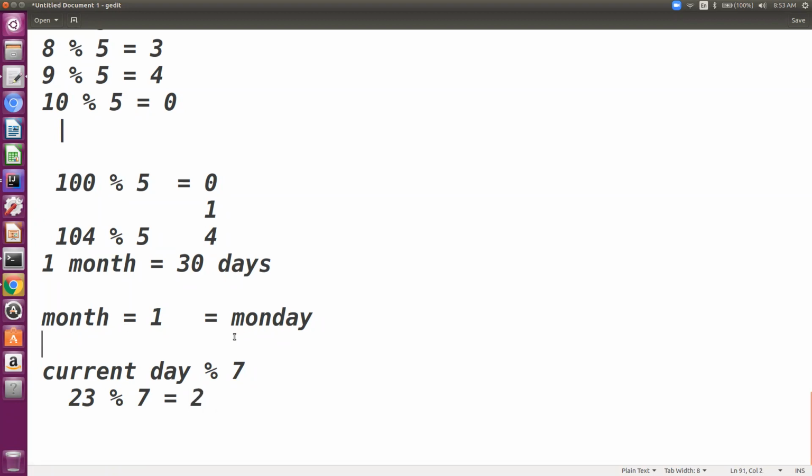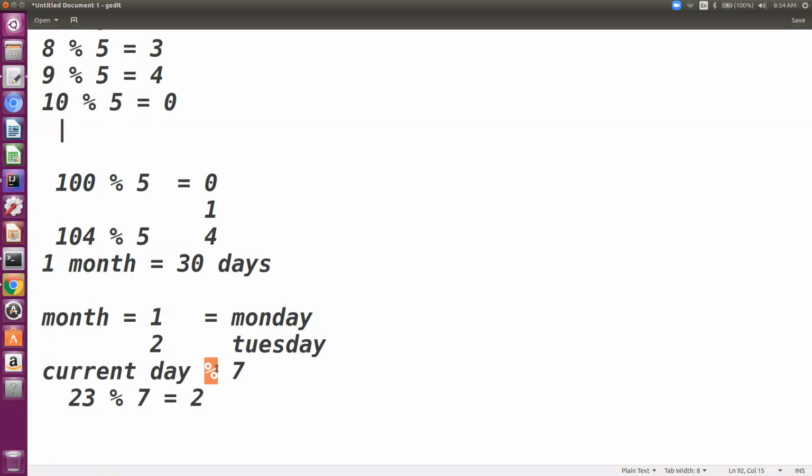So I know that if my first is a Monday, the second will be Tuesday, so I can mathematically find out immediately that the 23rd will also be a Tuesday, because I can use this remainder operator.